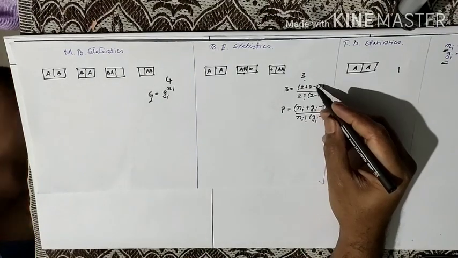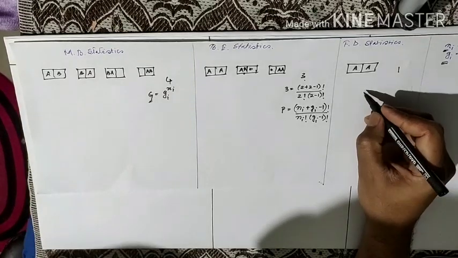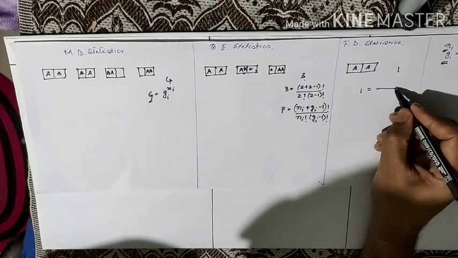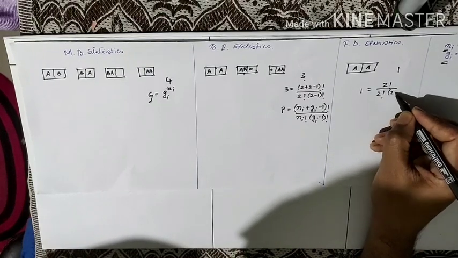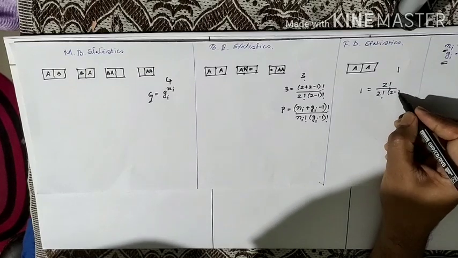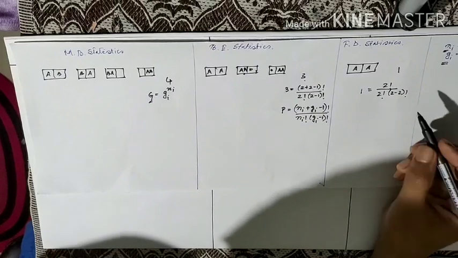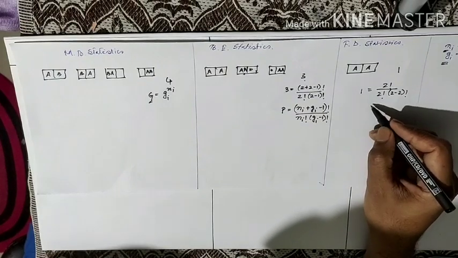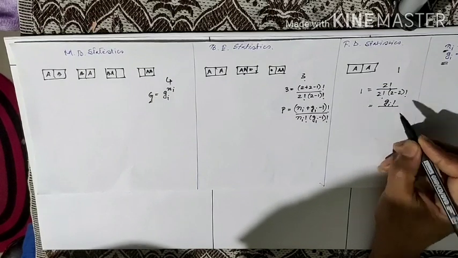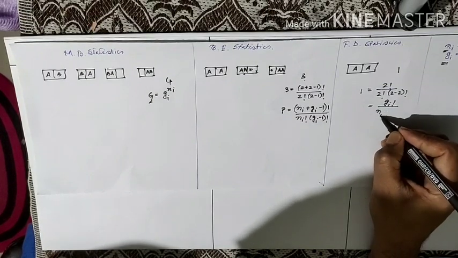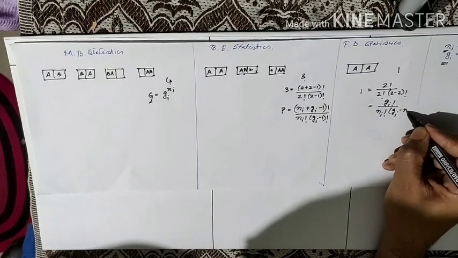This same thing I am writing in a different way. Here also I can write, say this is 1, we arrange it in a comfortable way, factorial 2 and 2 minus 2 factorial, same thing, factorial 2 will be cancelled out, 0 factorial is 1, so ultimately this will be 1. So I can write it again like this, Gi factorial divided by Ni factorial and Gi minus Ni factorial.